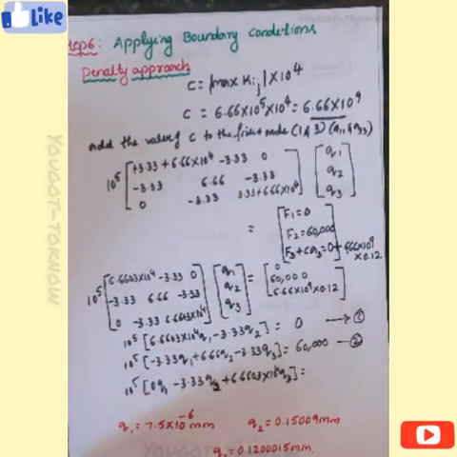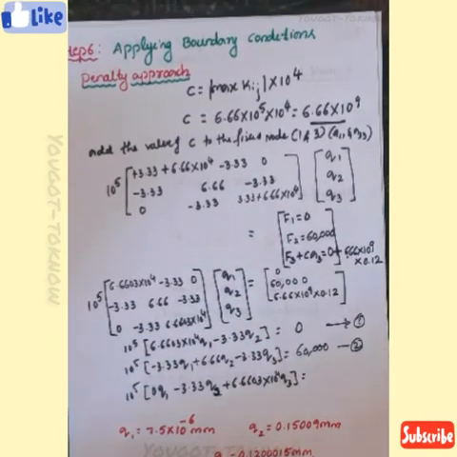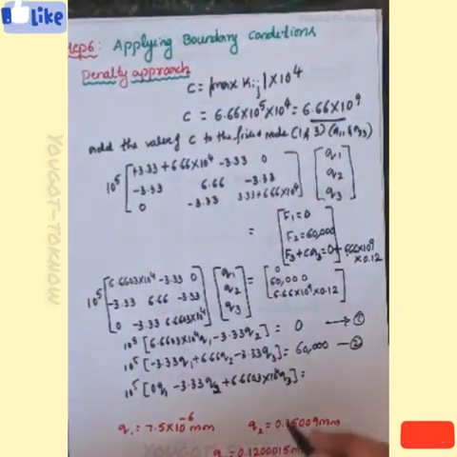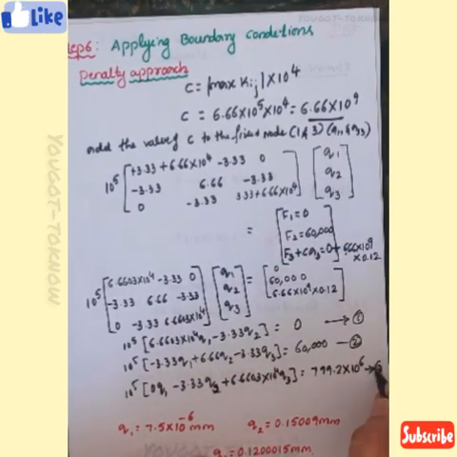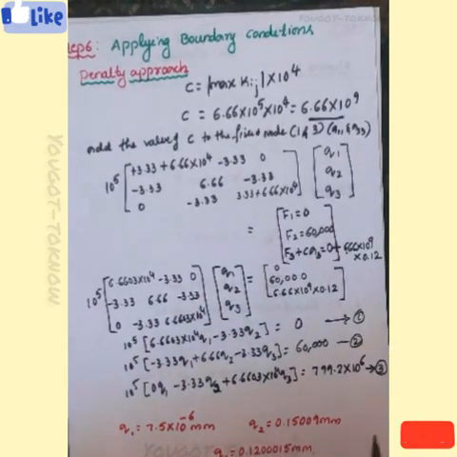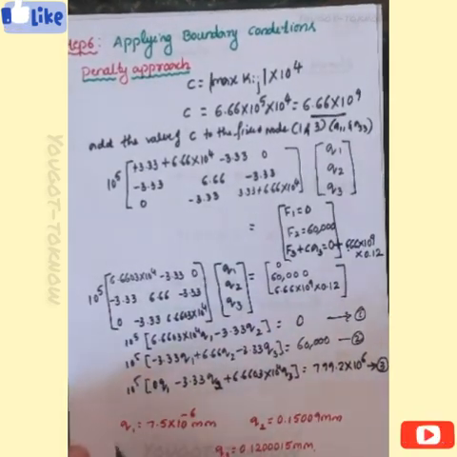what value are you going to get? 6.66 into 10 power 9 into 0.12. Just check it. You are going to get 799.2 into 10 power 6. That is equation number 3. Now using your calculator, with three unknowns, calculate the displacement.